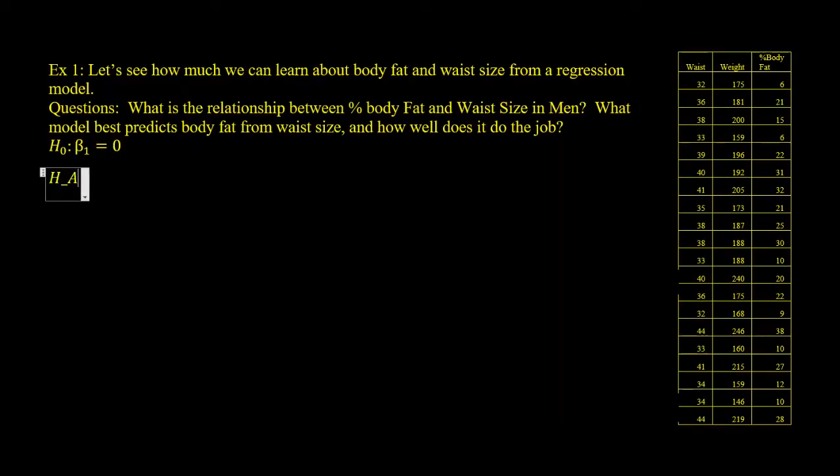Our alternative will be that beta 1 does not equal 0, so there is some association. So we're saying there is a slope or there is not a slope.